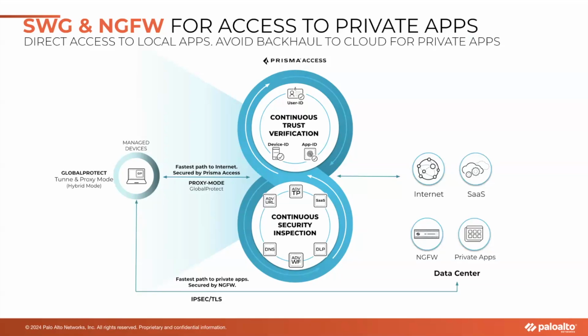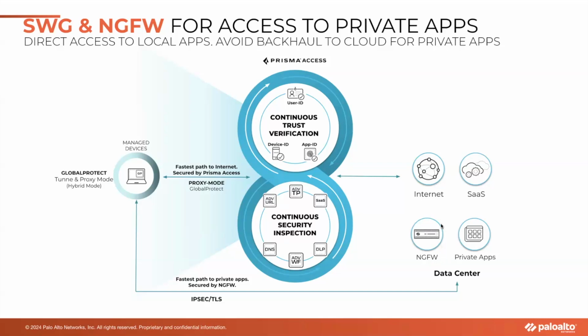So this is another use case where we have the data center that is protected by the NG firewall, and we have all the internet-based traffic going via the explicit proxy, or the Prisma Access. So this is again a tunnel and proxy mode. We have an IPsec tunnel or a TLS tunnel that connects to the private apps that are hosted in the data center.